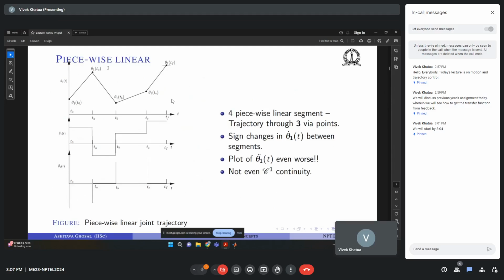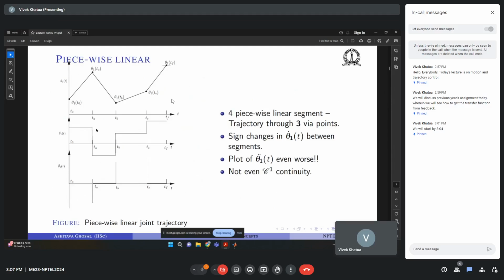Looking at this, your theta dot would be the slope of this, which is constant along this trajectory. Then you see a sudden change to a negative slope, and such a thing going to a motor would cause a lot of wear and tear.